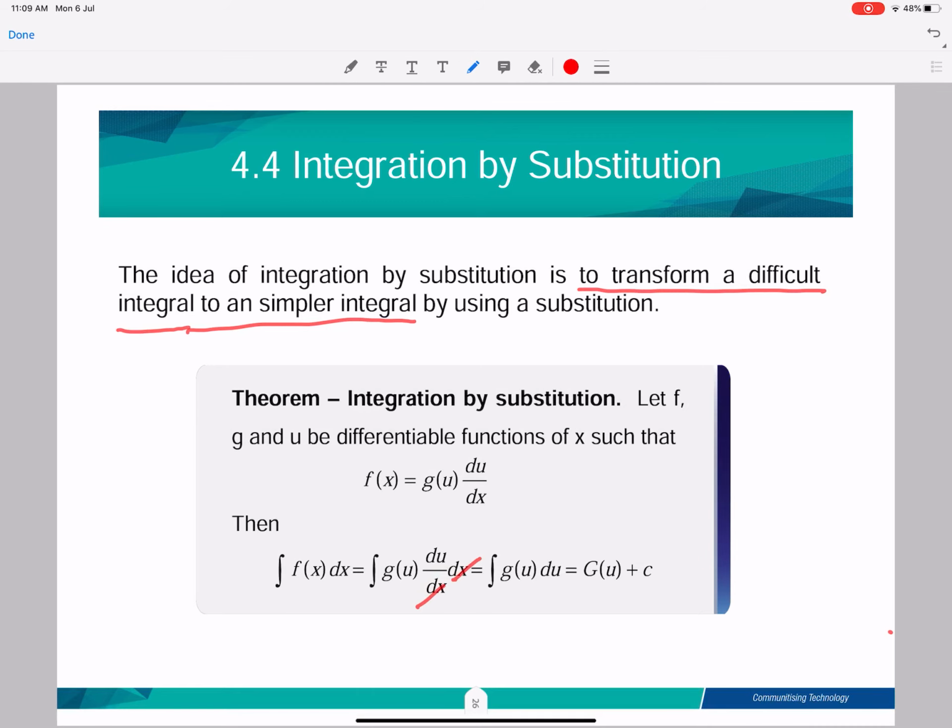Where your final answer, because you change the integration problem in terms of x to in terms of u, then you'll get your result in terms of u. But later you'll see that for your final answer, you need to transform it back to in terms of x.